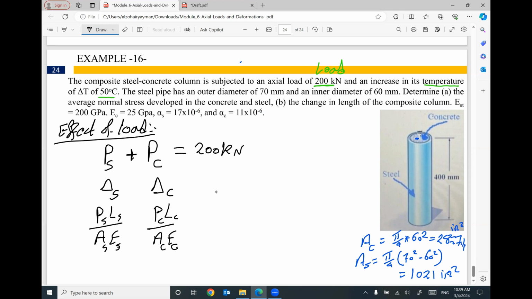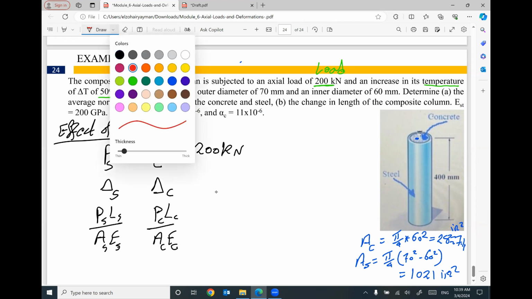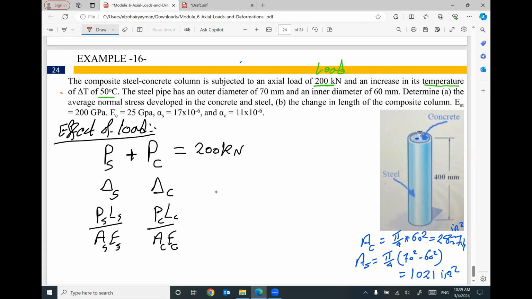Since the two materials are working as one unit, no one will leave the other one, so both of them will contract with the same amount. So delta steel must equal delta concrete. So PL over AE for steel must equal PL over AE for concrete.